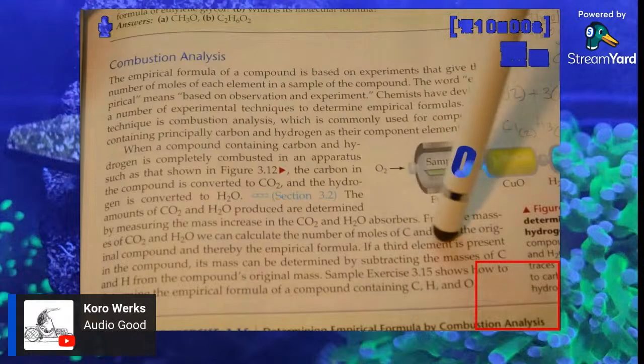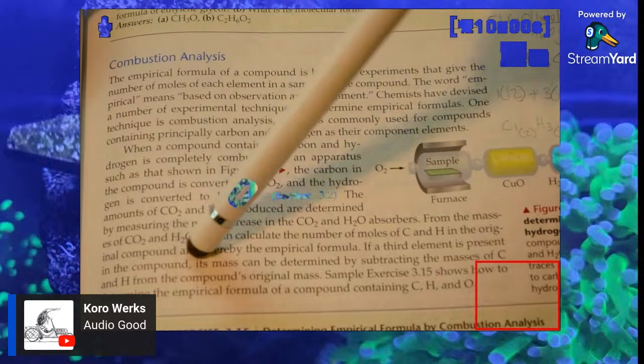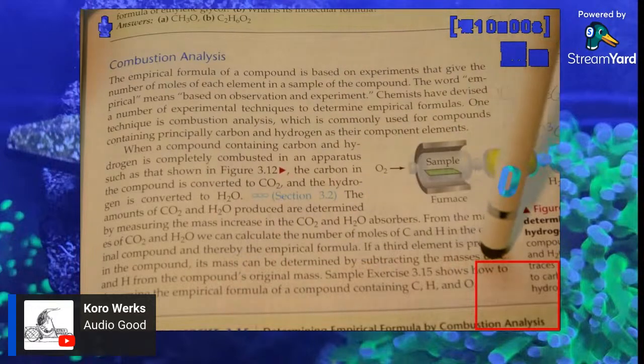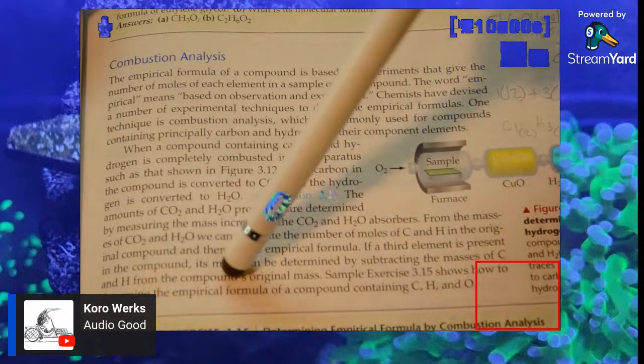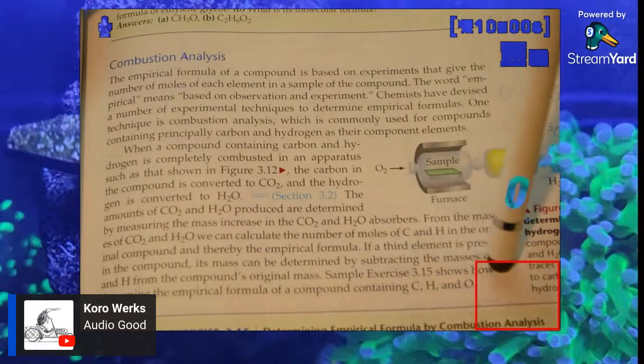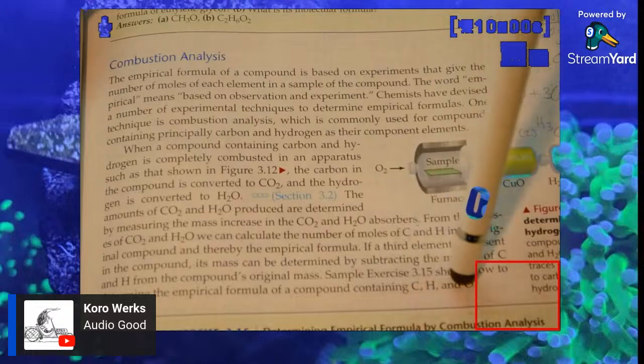If a third element is present in the compound, its mass can be determined by subtracting the mass of the carbon and hydrogen from the compound's original mass. Sample exercise 3.15 shows how to determine the empirical formula of a compound containing C, H, and O.